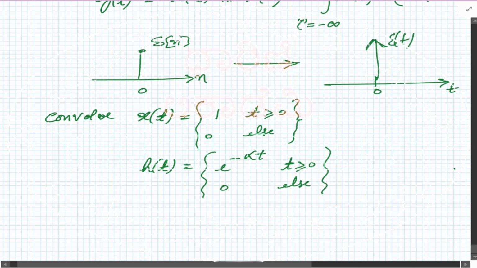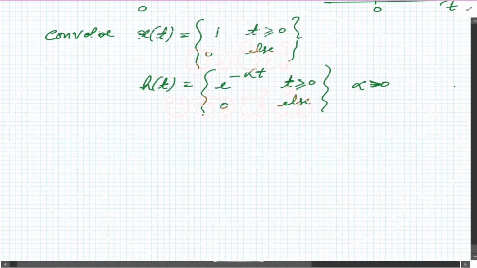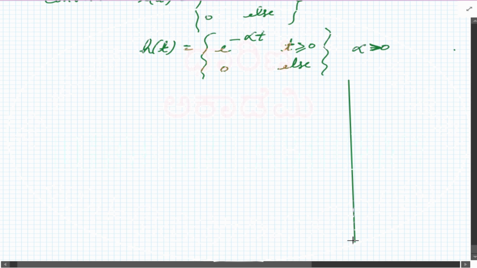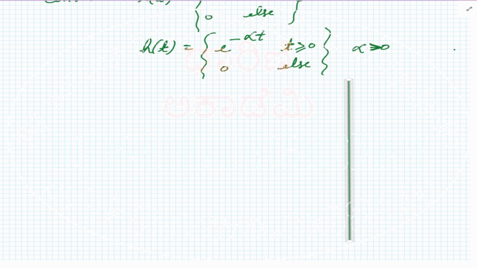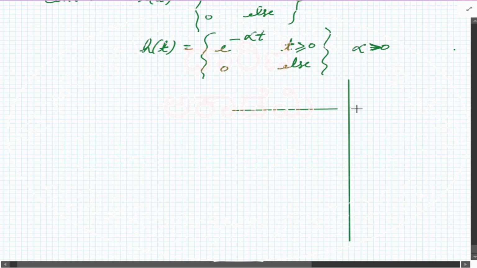These are the two signals given. Alpha is greater than 0, as mentioned here. So now let's try to plot. Instead of making the table, I will plot and show what's going to happen. Let me plot the two sequences over here. Let's say this is my y-axis and this is the x-axis.